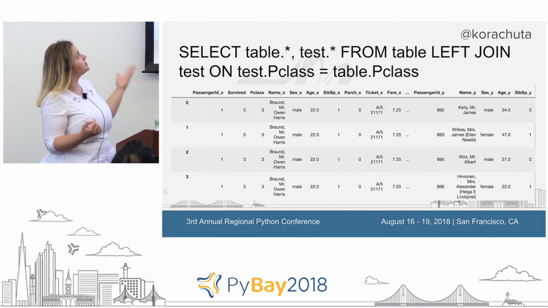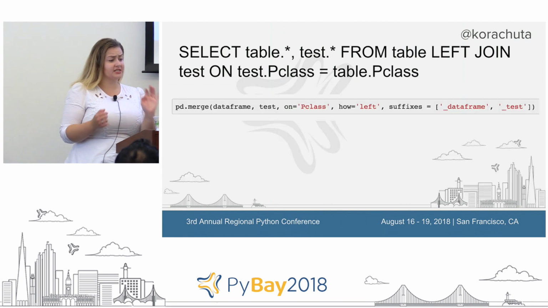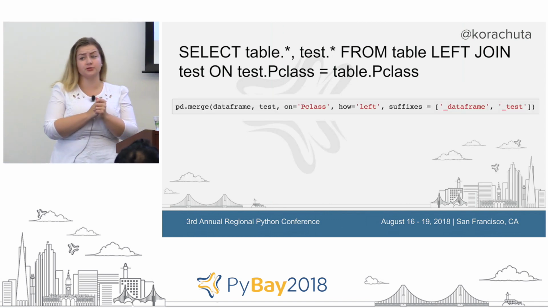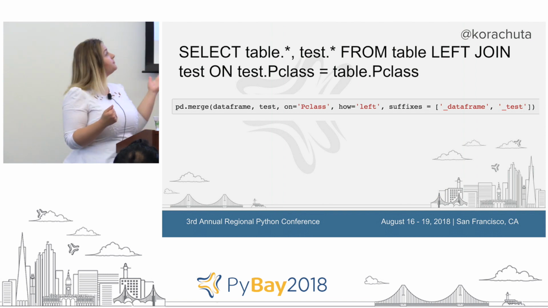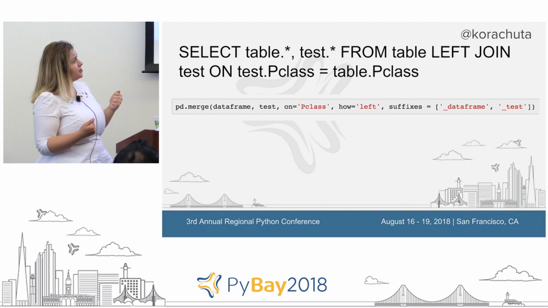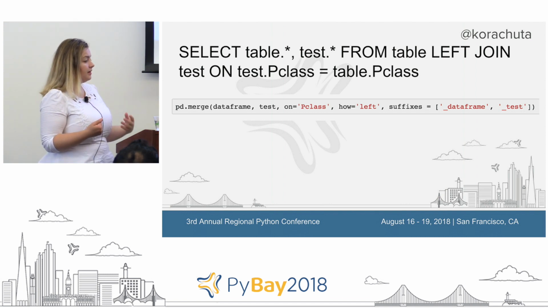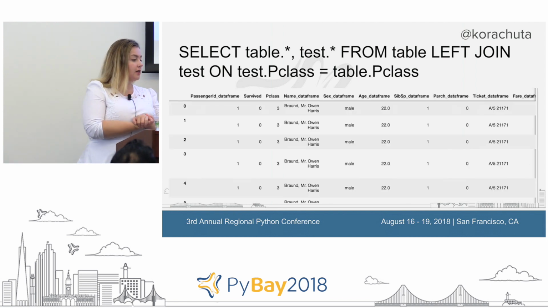So the initial one is an x and the one I'm joining on is a y. But we can actually specify which suffix we want to use for each of them. So now I added those suffixes, and I said that the first one I want to be underscore data frame, and the second one I want to be underscore test. That way I will know which data frame each column comes from.